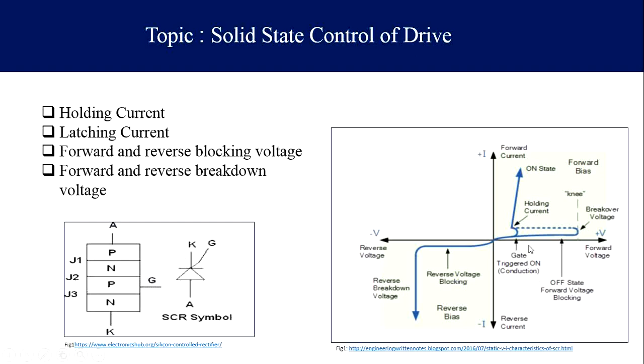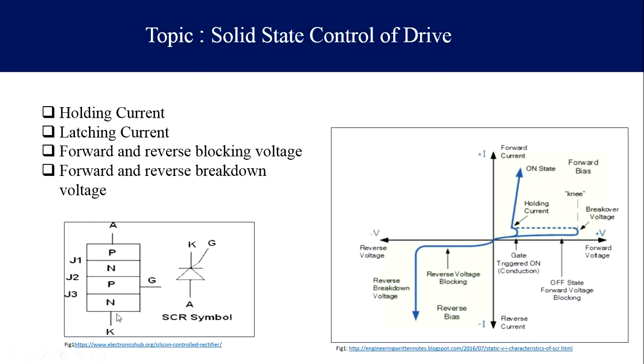What will happen then? The current will start increasing, the voltage will also start increasing, and it will reach a point at which the breakdown will again occur, but that will be a forward breakdown voltage. That means, in this case J1 and J3 will be forward biased, but J2 will be reverse biased.